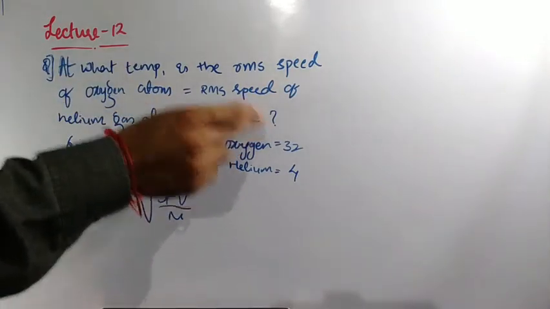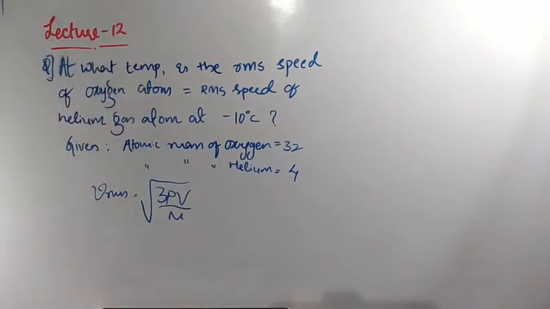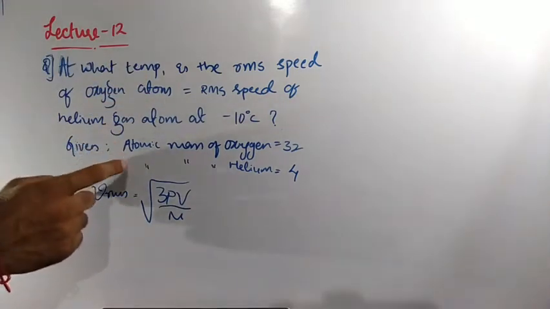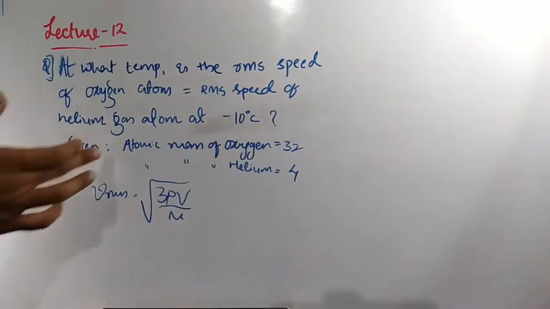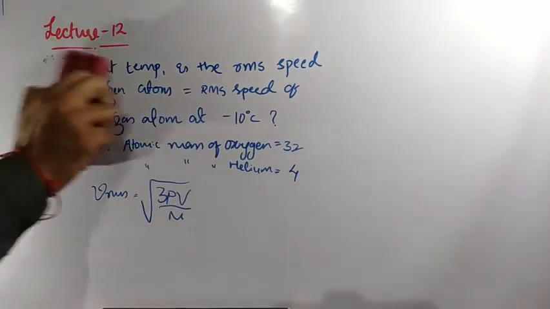On one side the temperature is given, and on the other side they are asking for the temperature. In most questions the M value is not given, but in this question you have been provided the M value. M is nothing but the atomic mass.